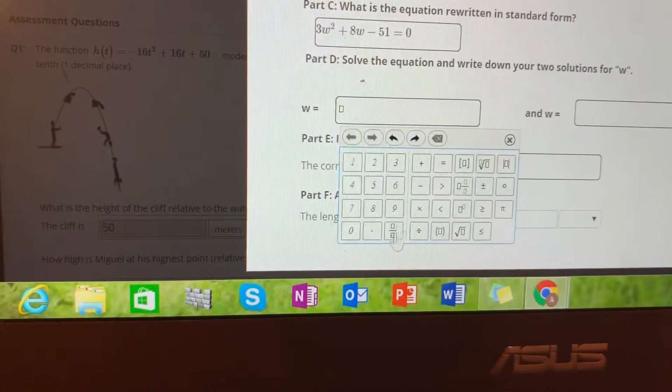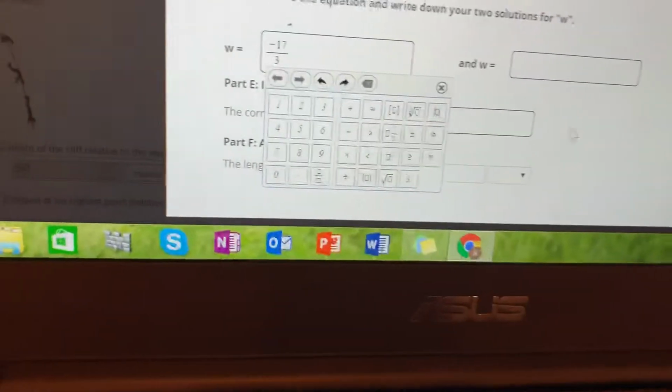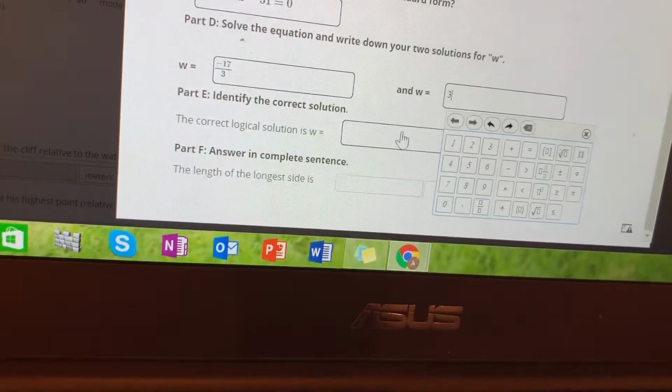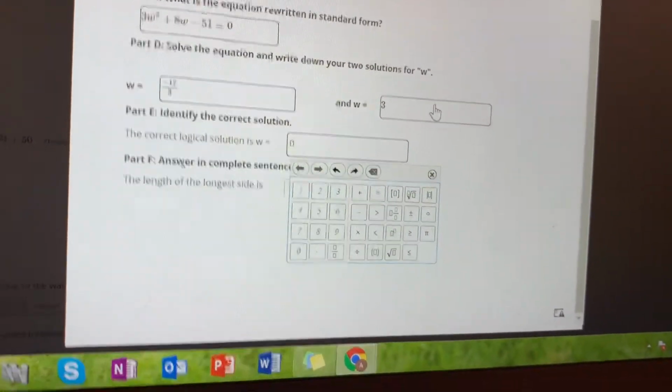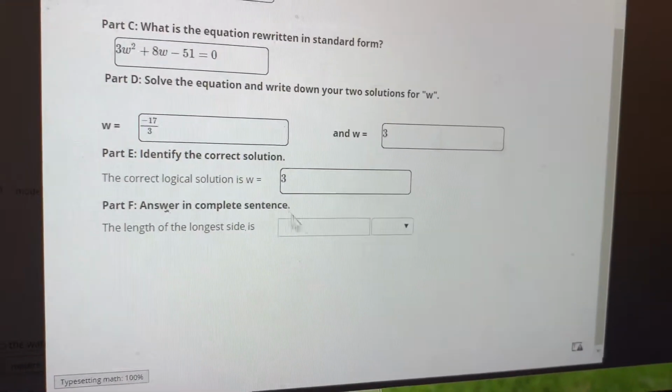So for the first one, I can put in negative 17 over 3. And then for the second one, I can put down a 3. And if you guys switch these two, that's okay. It doesn't matter which the order is. My logical solution would be the 3, because if I plugged in a negative number, that wouldn't make sense.